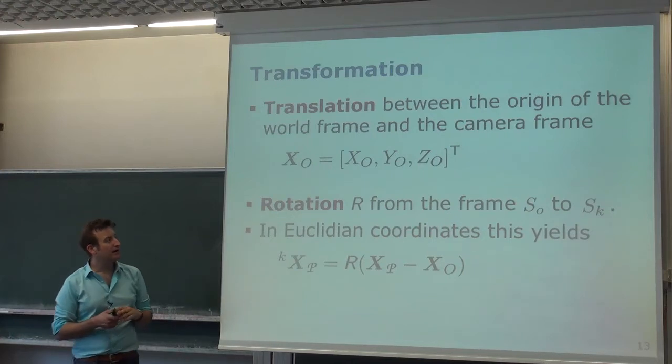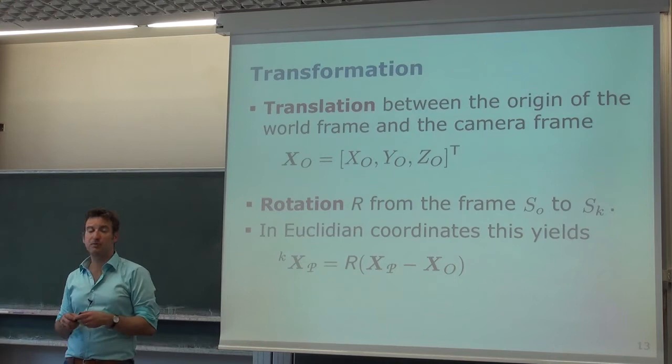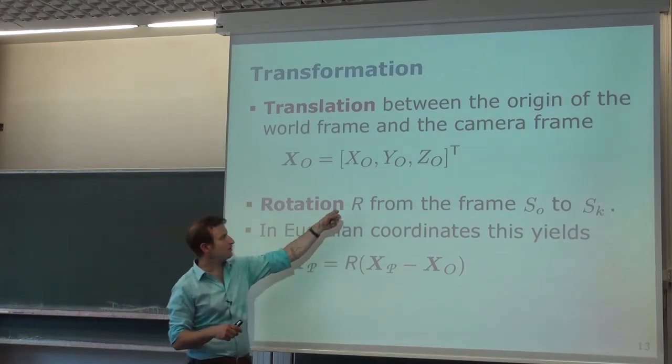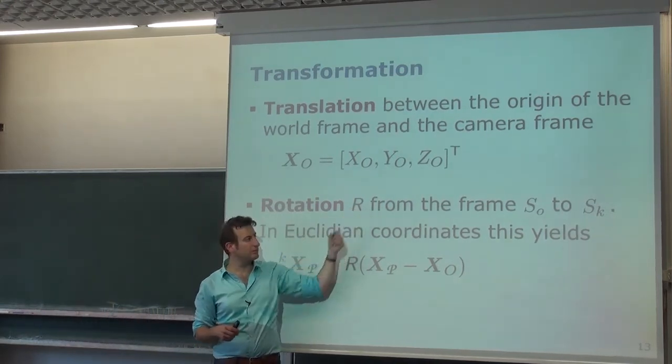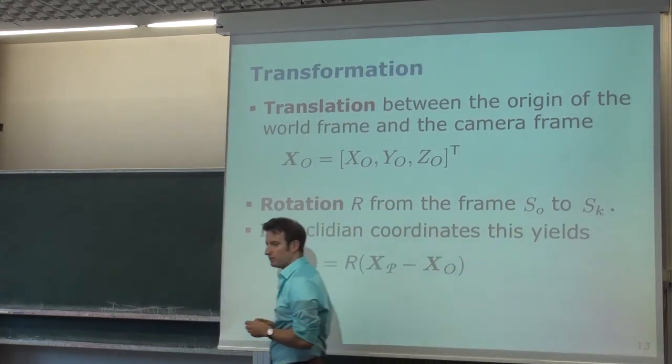And I also said we need to know the heading where the camera is pointing to, and this is something which we typically encode with the rotation matrix. So which maps from the object coordinate system to my camera coordinate system.